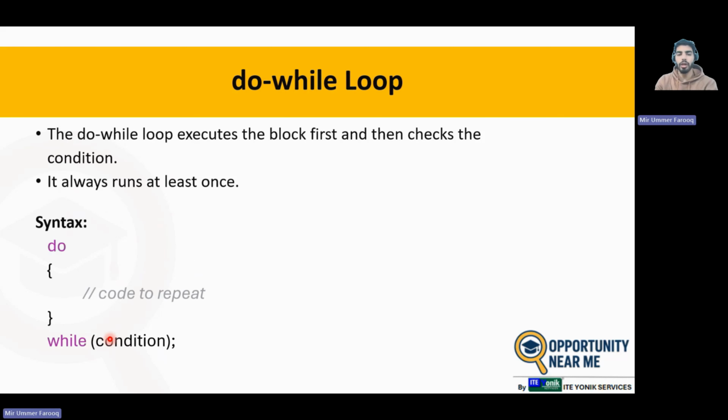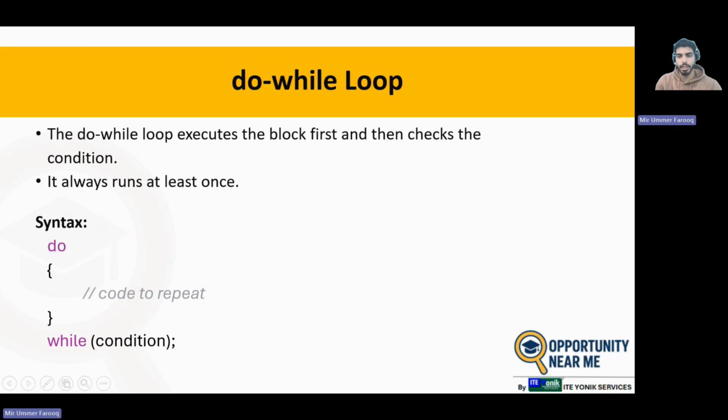But in do while loop, the code is executed first, then the condition is checked. So this code will run at least once. At least. I'm not saying max. It depends on the condition, but whatever happens, it will run for the first time. That is the difference between while and do while.